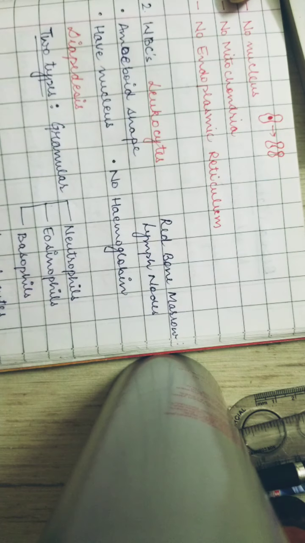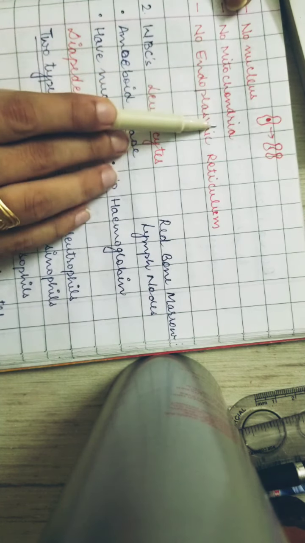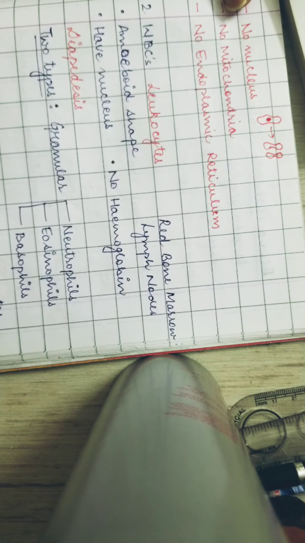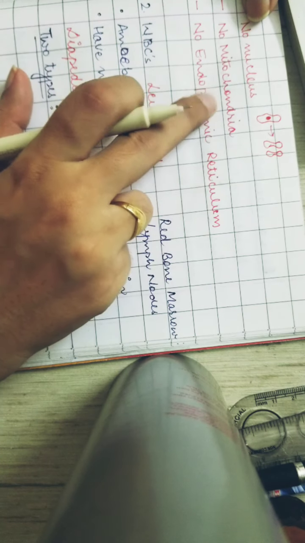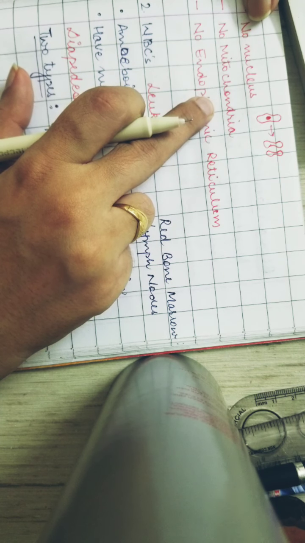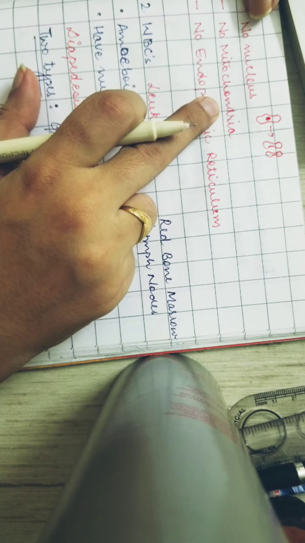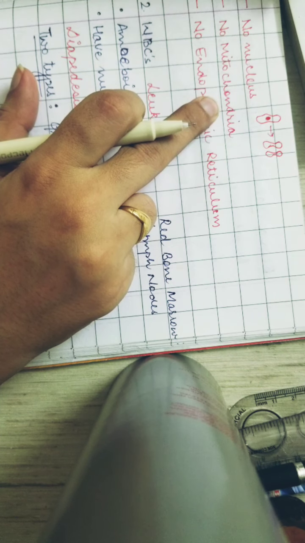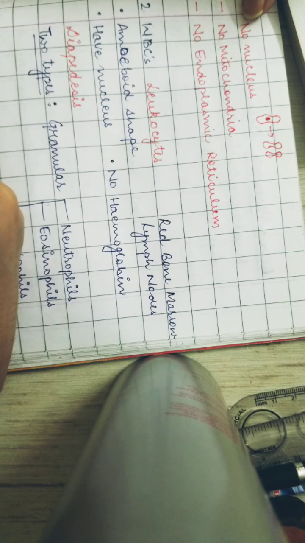Then the red blood cells have no mitochondria, and cellular respiration takes place in the mitochondria. So if they don't have any mitochondria, no cellular respiration will take place in the RBC, so they will not utilize the oxygen for their own cells.